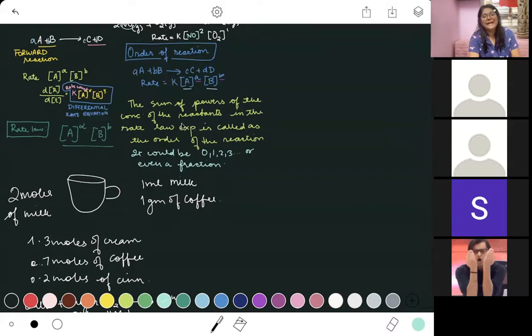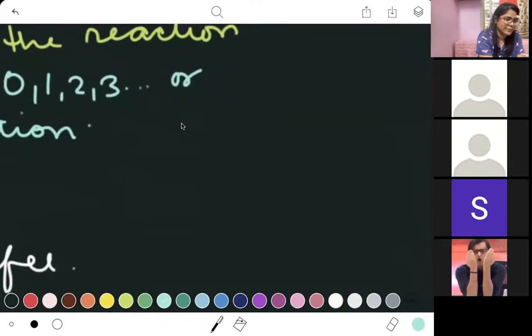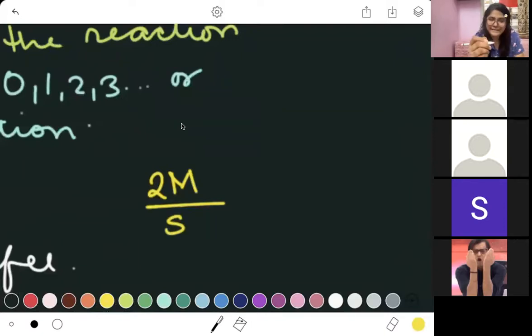Whenever you write the units, you are going to use moles and the duration. In the first concept that we spoke about, 2 moles of a substance get converted into a product in several seconds, whatever number of seconds, which means your units for writing these reactions would be moles per minute, moles per second, or however it goes.